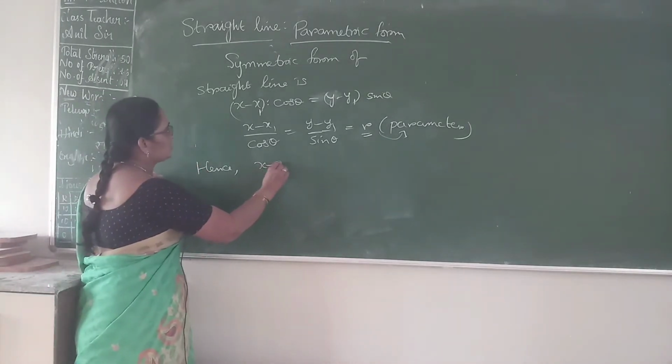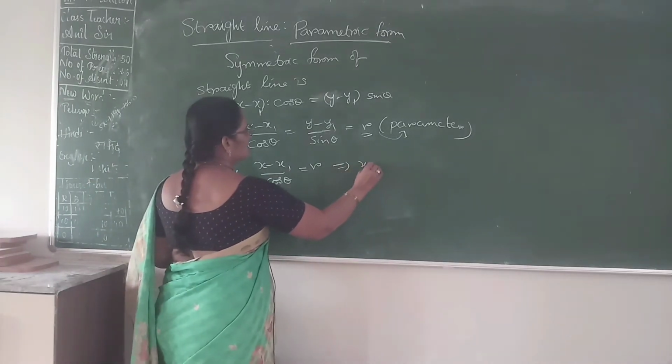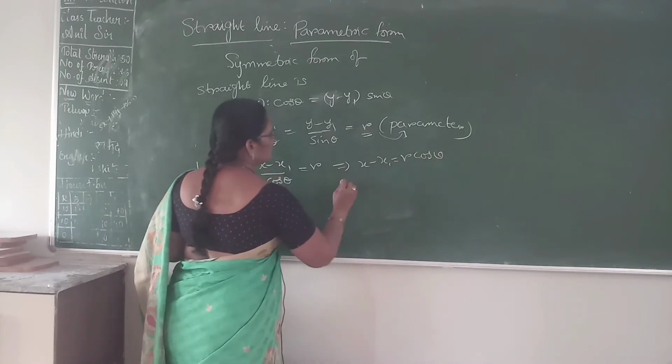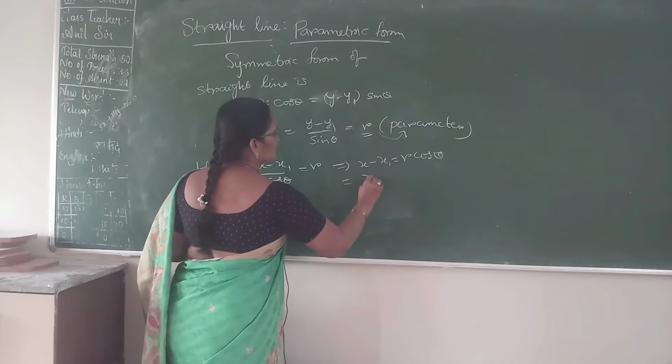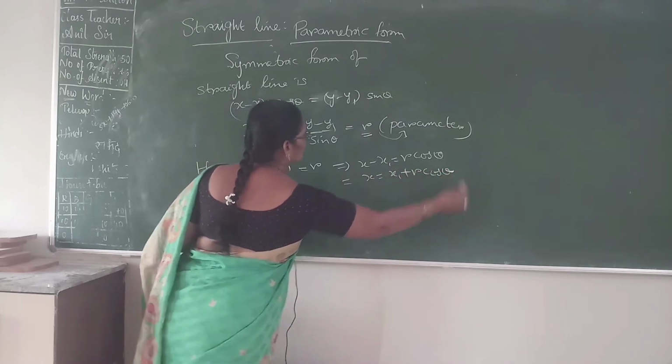How? x minus x1 by cos theta is equal to r, which implies x minus x1 is equal to r cos theta. That is x is equal to x1 plus r cos theta.